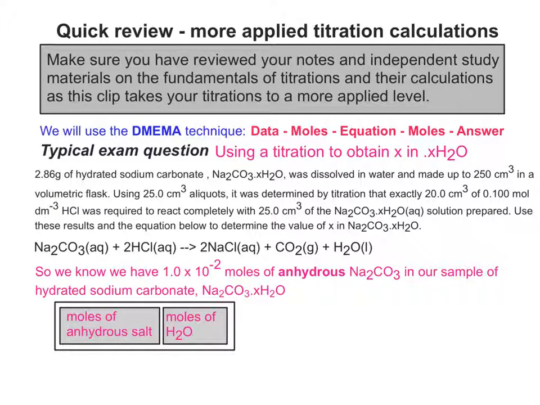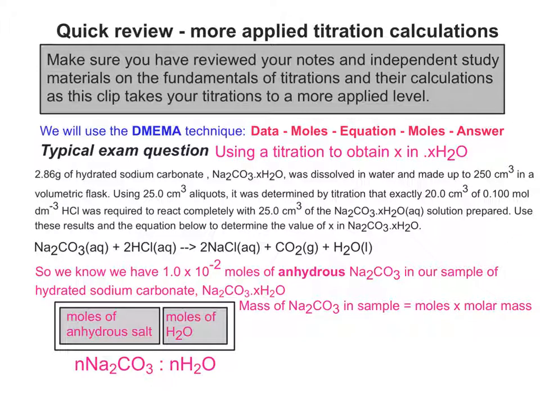So when you're dealing with water of crystallization, what you've got to think about is the fact that a hydrated salt contains a certain number of moles of anhydrous salt to a certain number of moles of water. So essentially what we're trying to work out is the mole ratio of anhydrous salt to water.